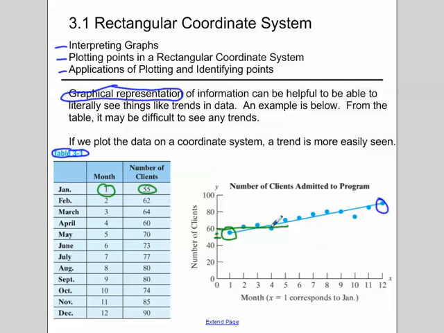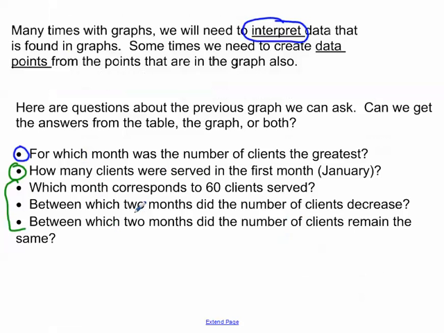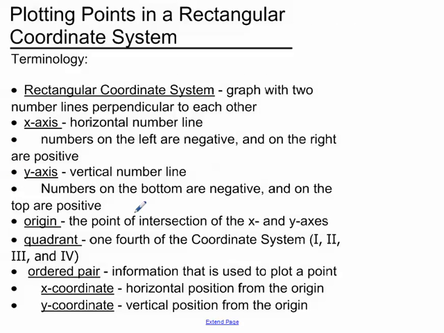Our line is kind of crooked, so this graph might not be the best. You'd probably go to the table and say, oh, 60 clients served was month number 4, April, sure enough. So you can see that some information can be found more easily from the table and some more easily from the graph. That's what we're talking about right here.